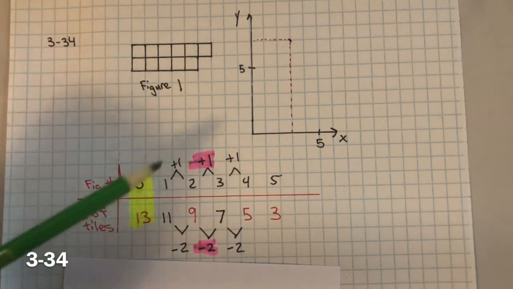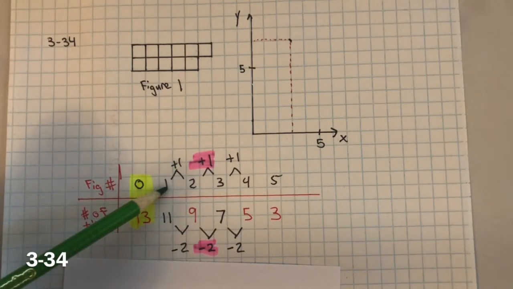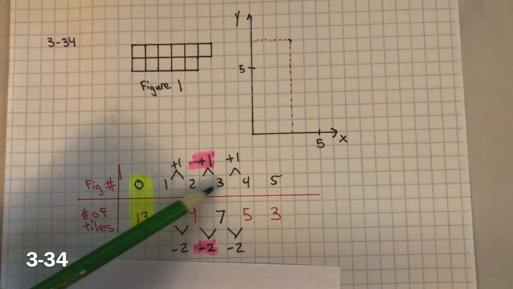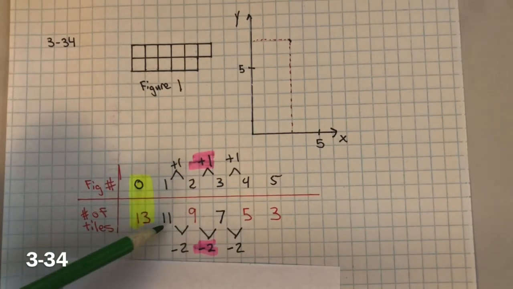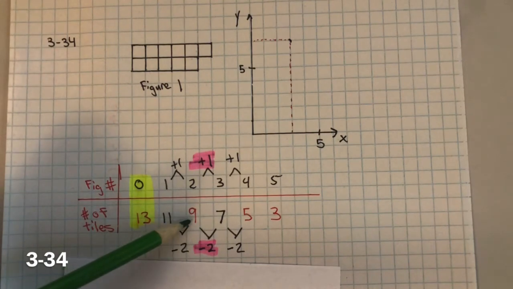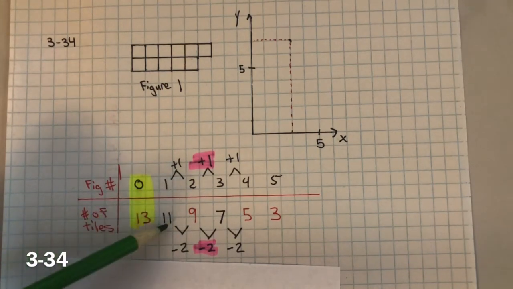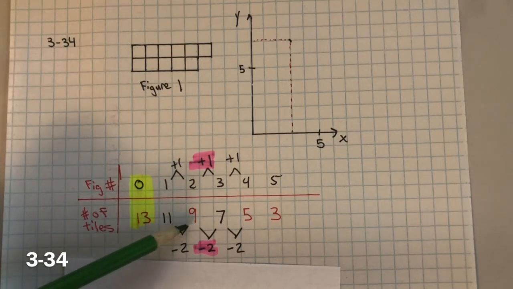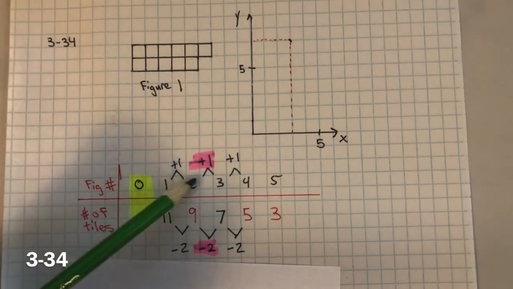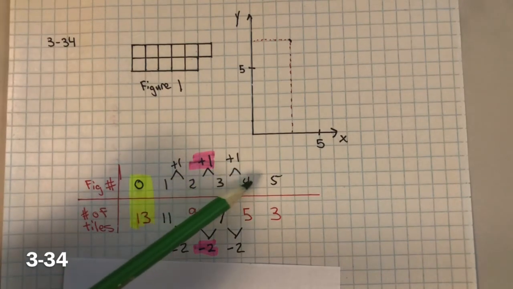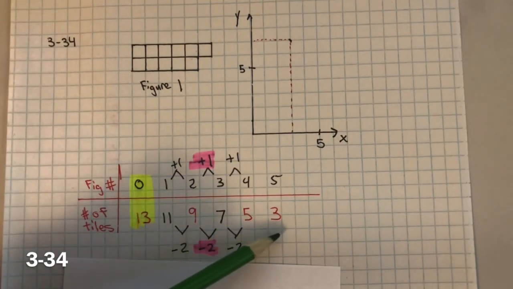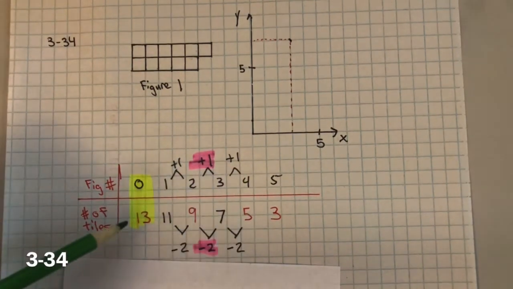Then I recognized that the tile pattern grows at a constant rate, so I knew from 1 to 3, halfway between 1 and 3 is 2, and halfway between 11 and 7 is 9. So I saw the pattern that it's decreasing by 2 tiles for every one figure number. And I was able to fill in the rest of the table.